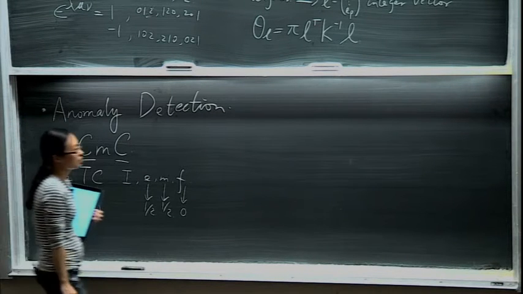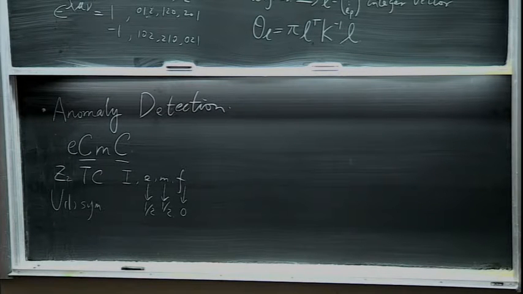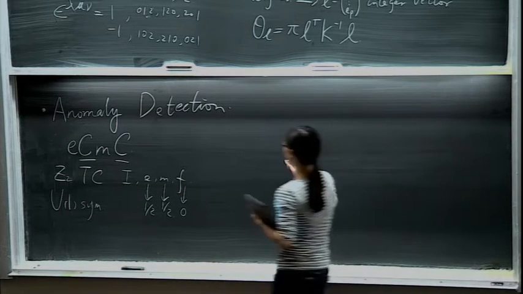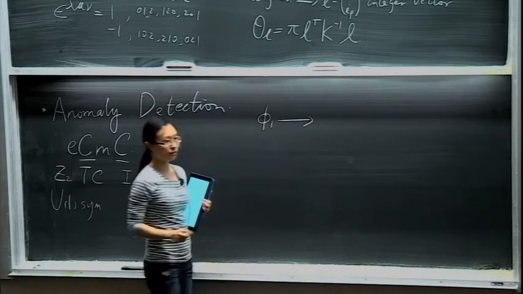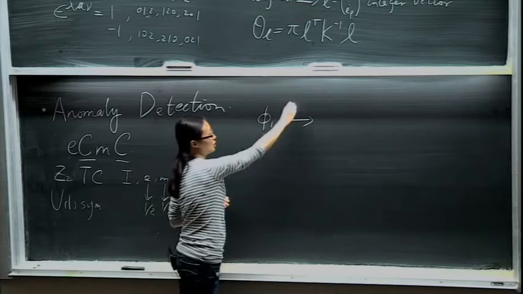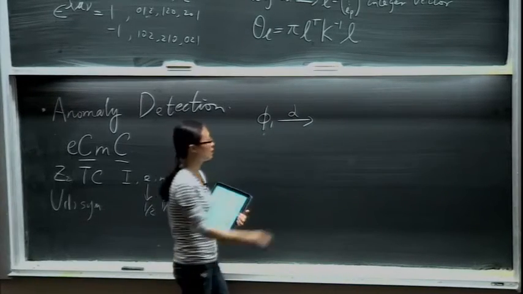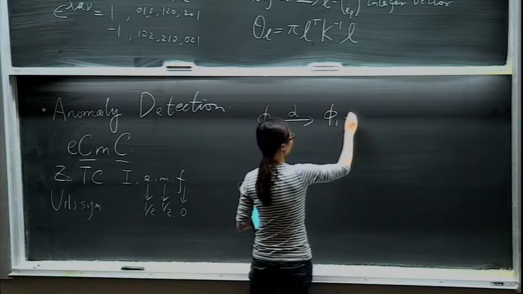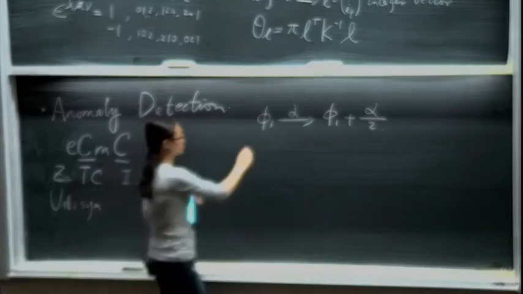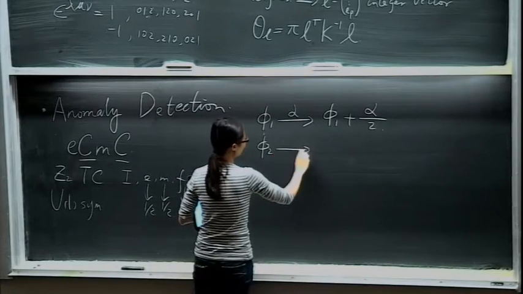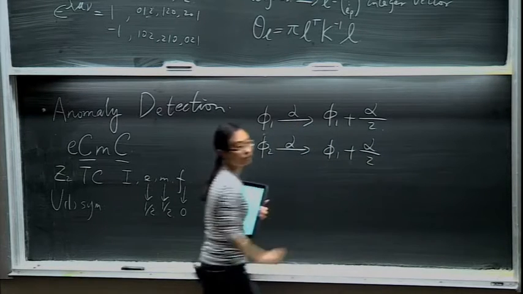Okay. And if we try to use the K-matrix formalism to write down how the fields transform under the U1 symmetry, under the U1 group element corresponding to phase factor alpha, phi 1 goes to phi 1 plus alpha over 2, and phi 2 also goes to phi 2 plus alpha over 2, right?